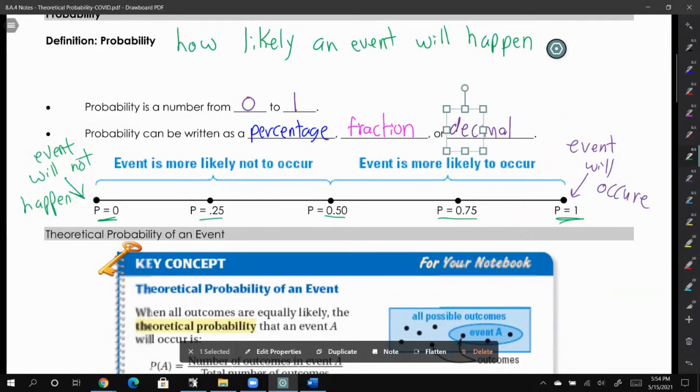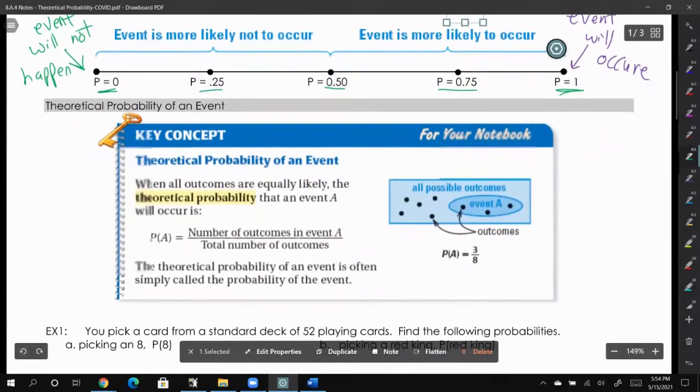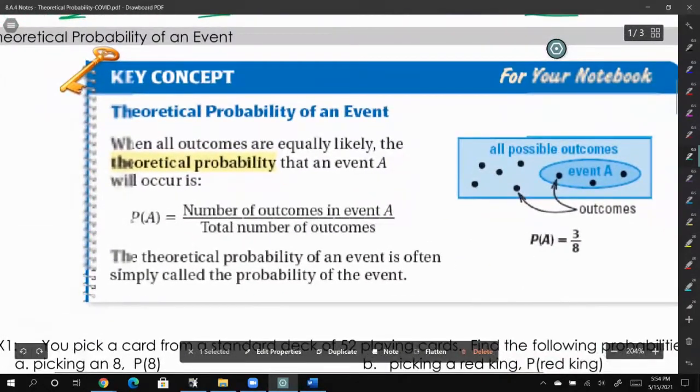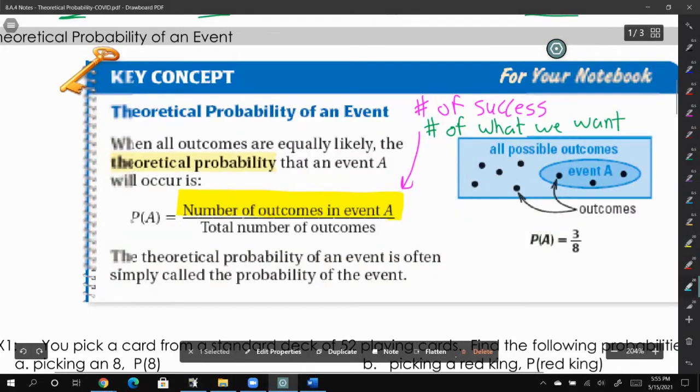So how do we calculate the probability of an event? We use this formula right here, where the number on top is the number of outcomes, or I like to call this number of successes, or number of what we want, divided by the total number of outcomes, or I also like to call it number of possibilities.